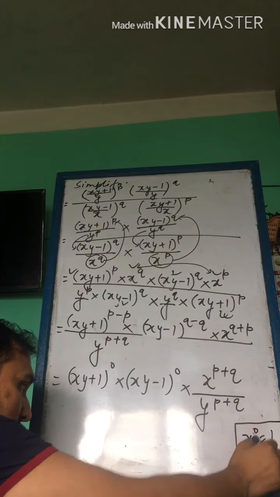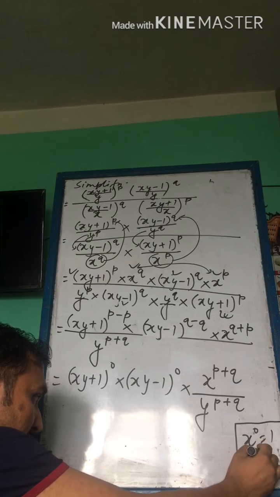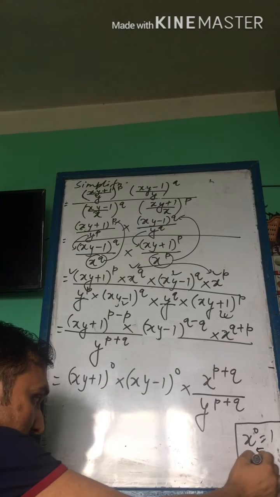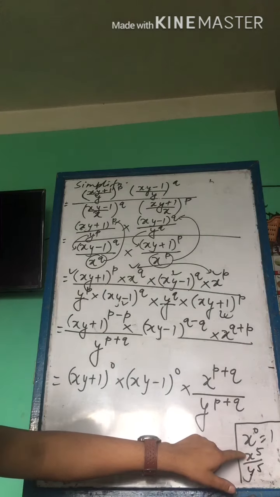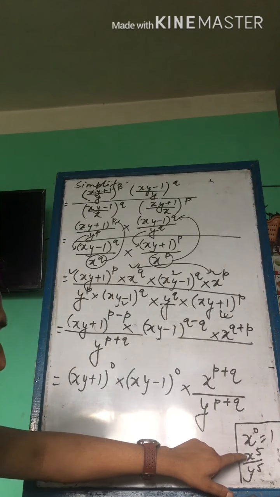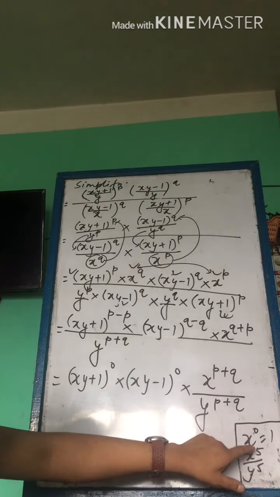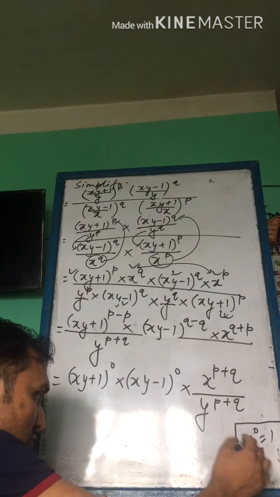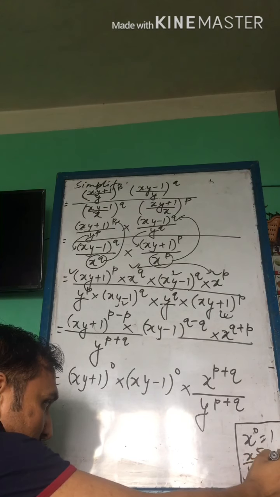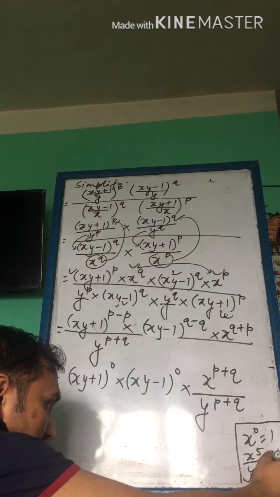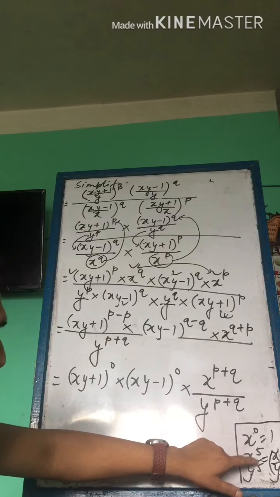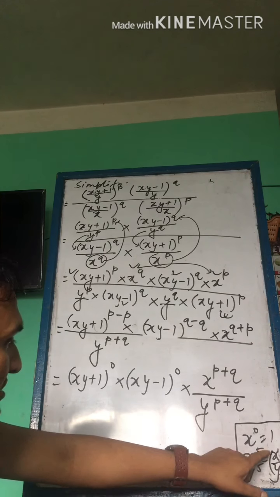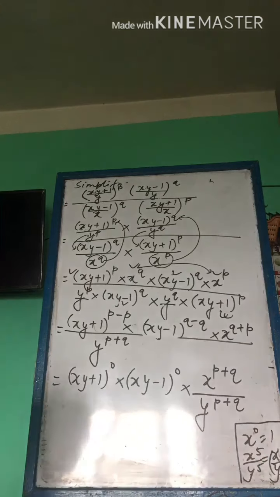Similarly, if x to the power 5 and y to the power 5 are there, meaning they have the same power, then this can be written as (xy) whole to the power 5. This means if they have the same power, then this can be written as a whole power of this number 5.